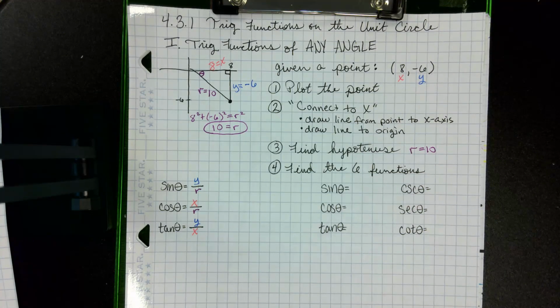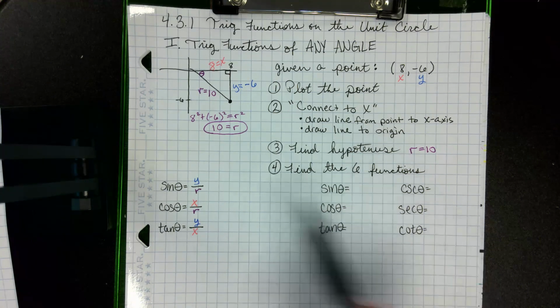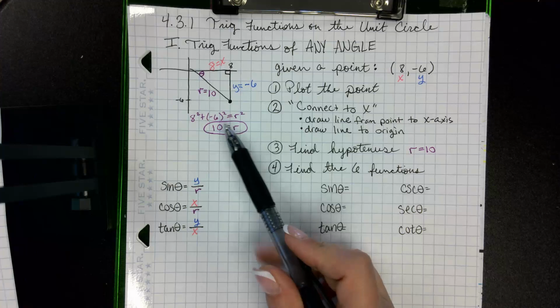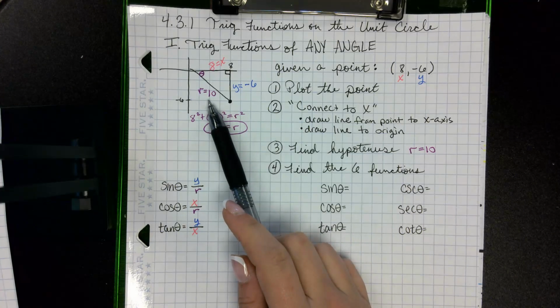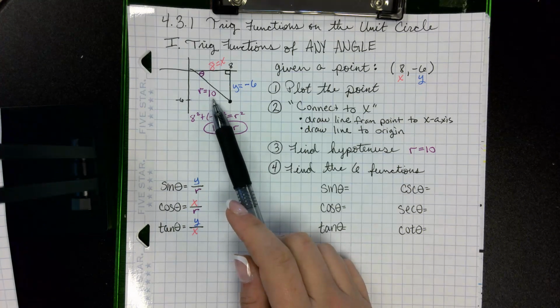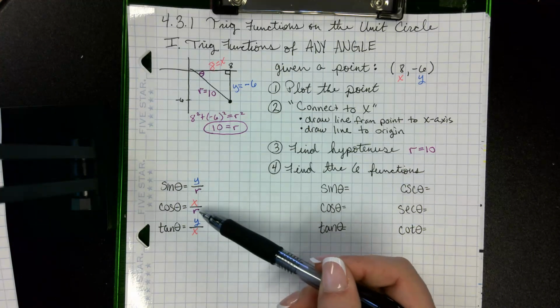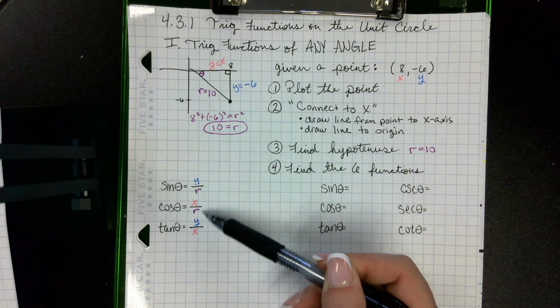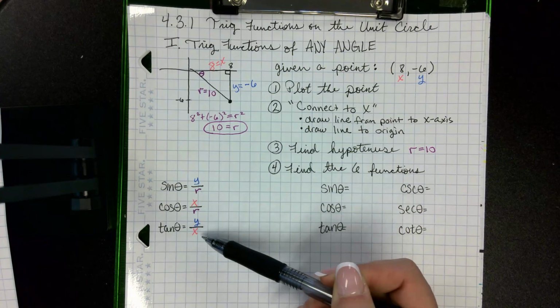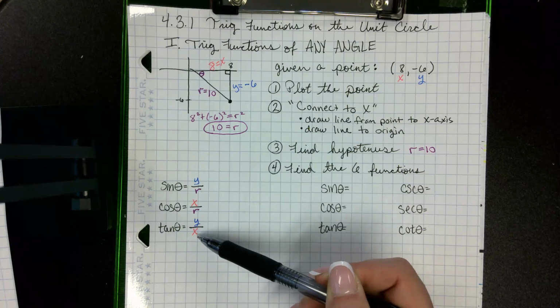All right, so we're not quite done with this. Because the radius will always be a positive value bigger than 0, we don't need to worry about anything in the denominators for sine and cosine. But in tangent, there's an x in the denominator. And it is possible to have an x value that's 0.